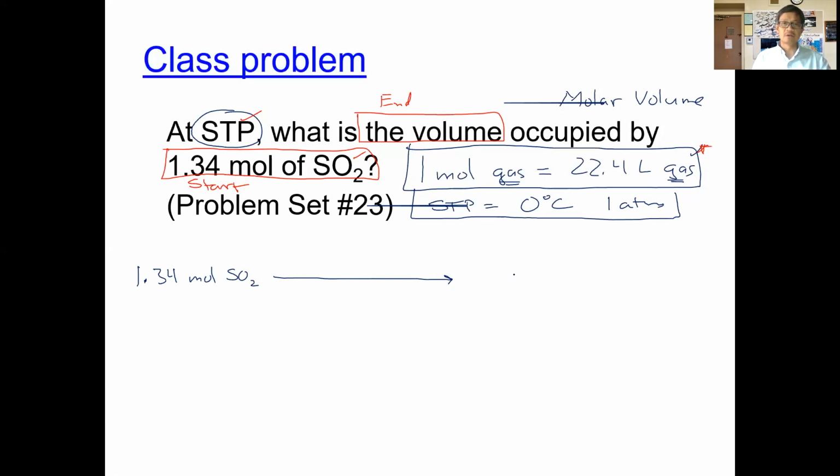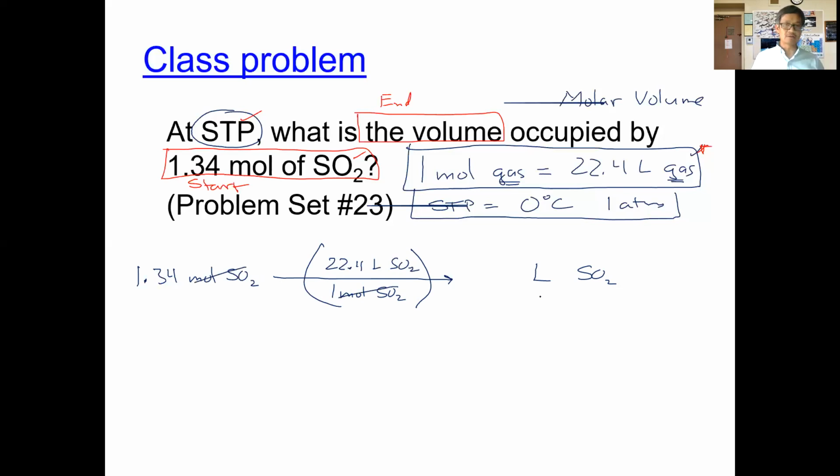So if the gas is at STP, you can use the molar volume to solve for the volume, and the volume will always be in liters of that particular gas. Okay. So with this particular problem, since we start out with moles, if we're going to use the molar volume, moles of SO2 should be on the bottom, and then the volume, which is 22.4 liters, should be on top. Why? Because that allows us to cancel out that unit of moles.